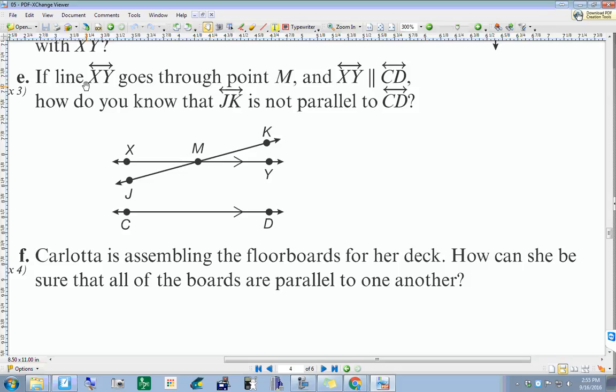I know that line XY goes through point M. I know that XY and CD are parallel.